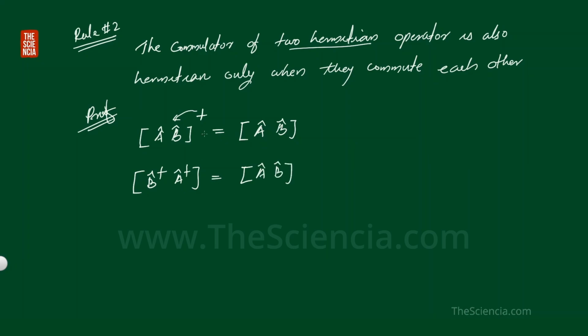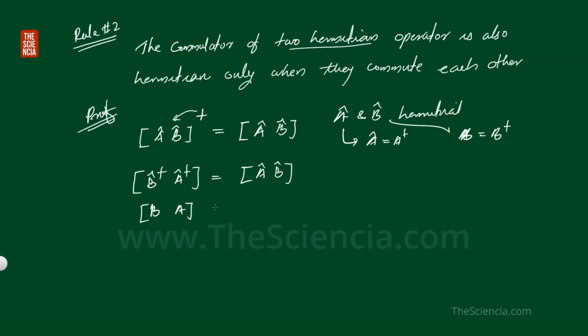And here it is specified the commutator of two Hermitian operators, so A and B are Hermitian operators. That means A is equal to A dagger, and B is equal to B dagger. So we can replace B dagger by B and A dagger by A. So the commutator BA is equal to the commutator AB.